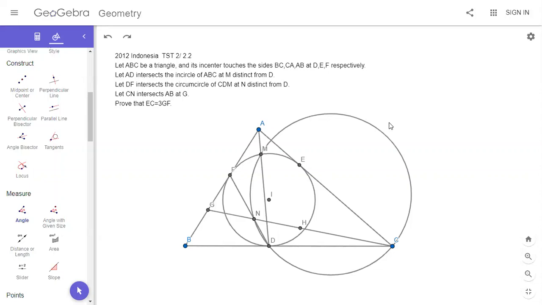I'm just thinking through it in my head, and then I'm going to write it up. FN. Let's see. So FN over CD is EF over 2 ED.